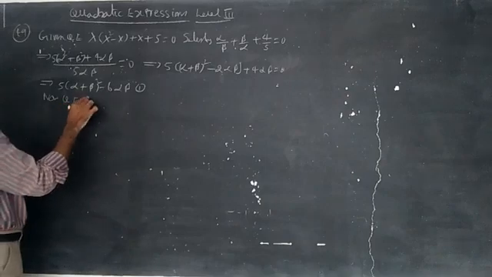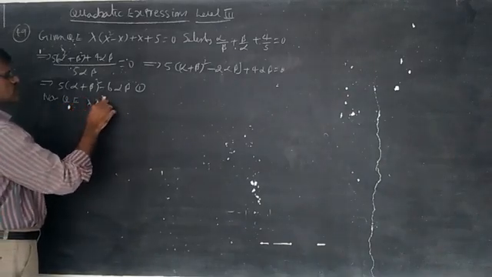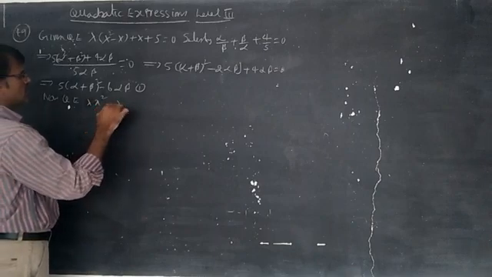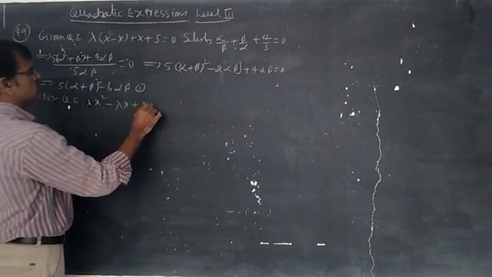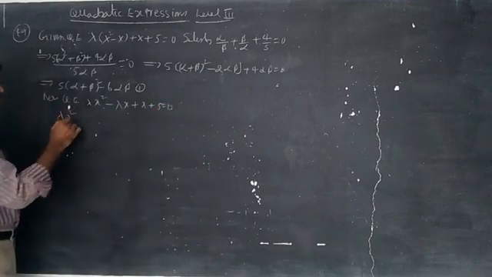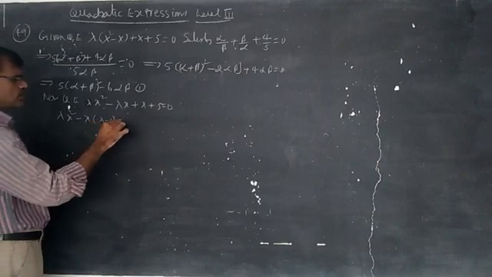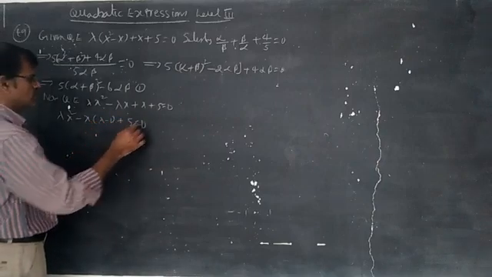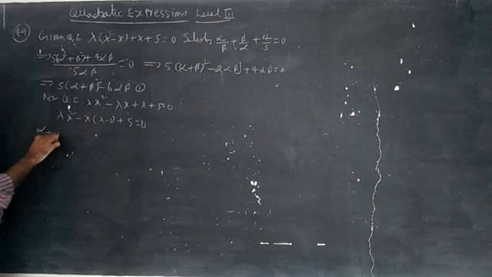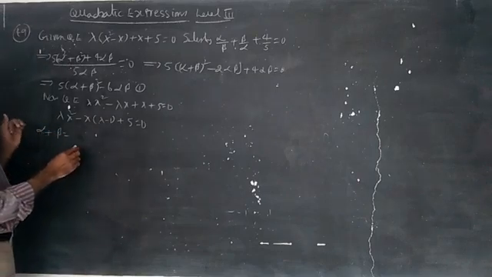Put in the first equation. Now the quadratic equation I am writing, multiply with lambda, it becomes lambda x square minus lambda x plus 5 is equal to 0. So lambda x square minus x, taking common, it becomes lambda minus 1 plus 5 equal to 0. Alpha, beta are roots of this quadratic equation.